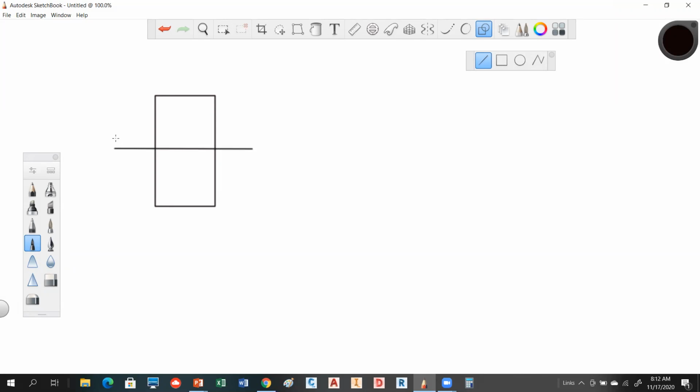What is that line called that I just drew? Anybody tell me? For the rectangular cross section? It represents zero something, that's correct, but there's a name for this line. No, it's called the neutral axis.